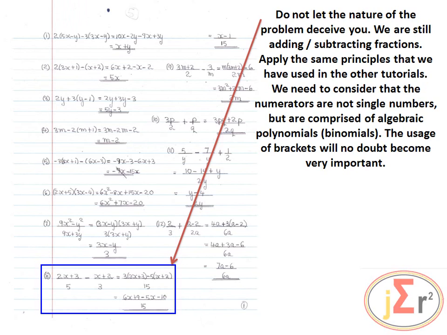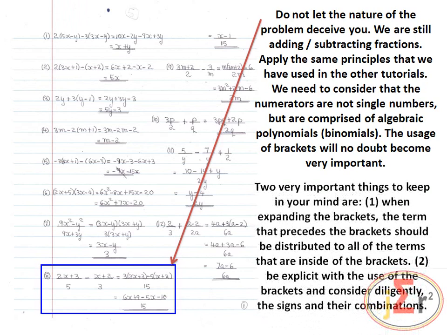Each of them contains two terms. So being polynomial with two terms, that's a binomial. The usage of brackets will no doubt become very important in adding those fractions.